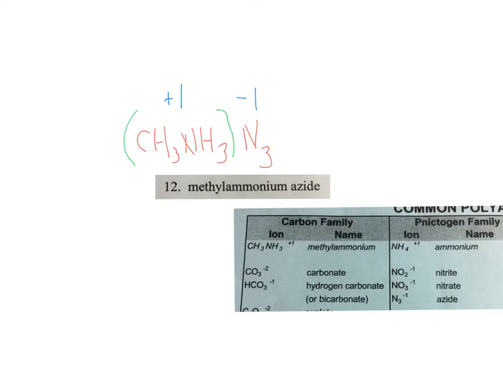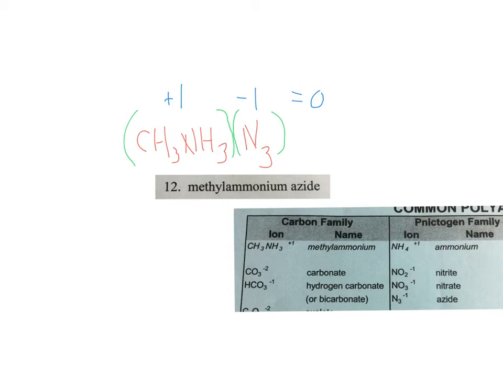The whole thing has a +1 charge, just like this N3 has a -1 charge. That whole thing has a -1 charge. So what we have is already our charges add up to 0. We have one +1 polyatomic ion, one -1 polyatomic ion, and so it adds up to 0.